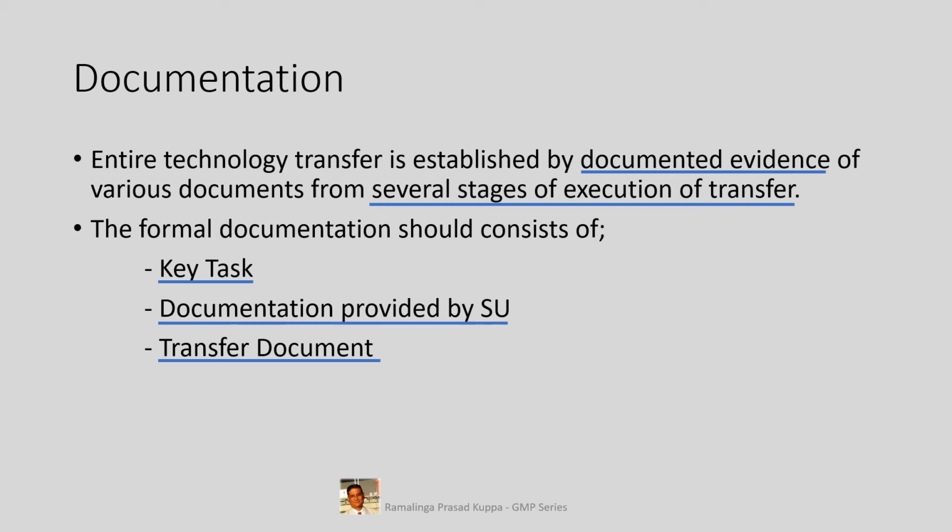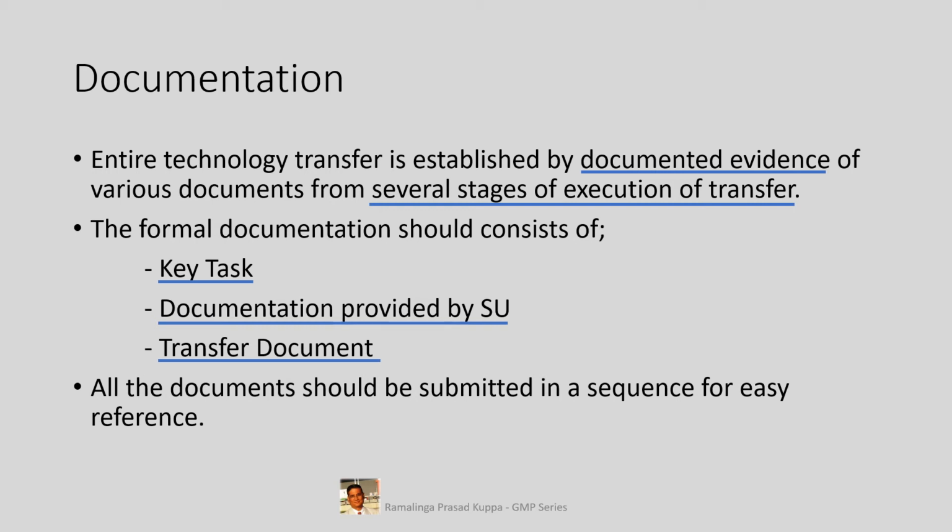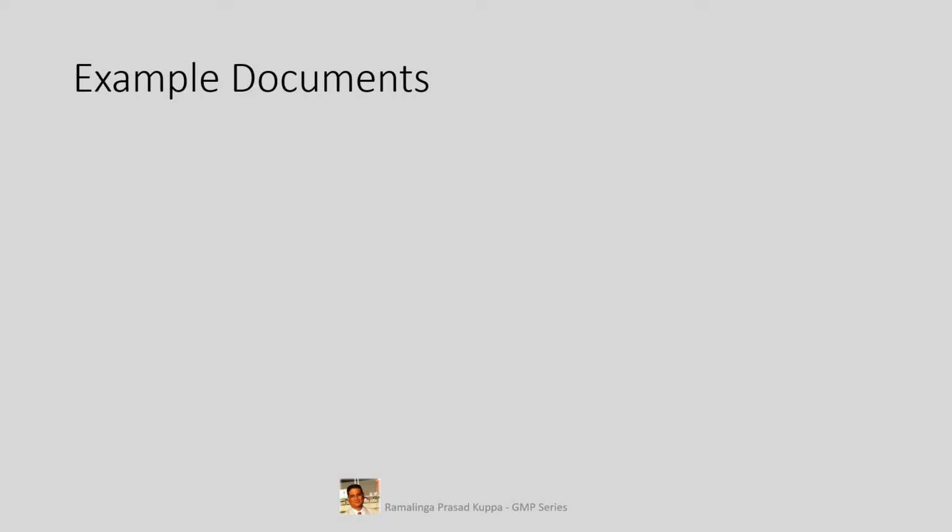This should track the requirements in a sequence so that there are no missing points. All the documents should be submitted in sequence for easy reference. You will see some typical examples in coming up slides. Let us see the example documents.